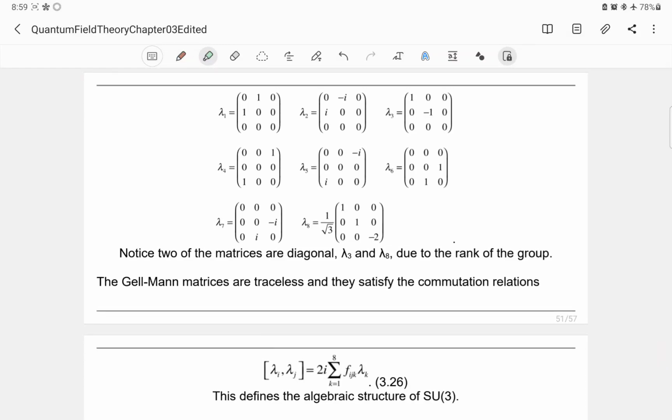And again, the rank of SU3 is 2, so therefore you can find 2 matrices here that are diagonal, and these 2 matrices are actually representing colorless gluons.